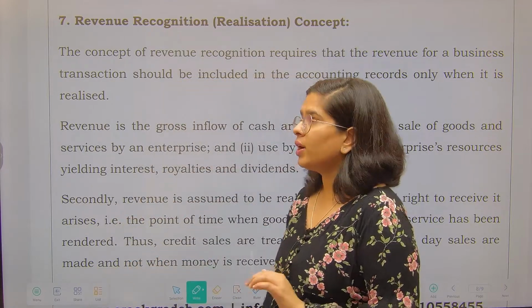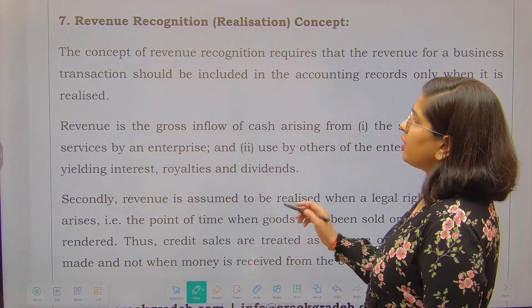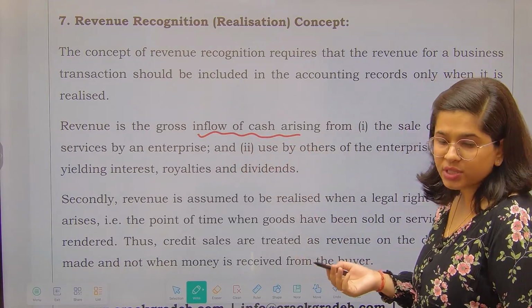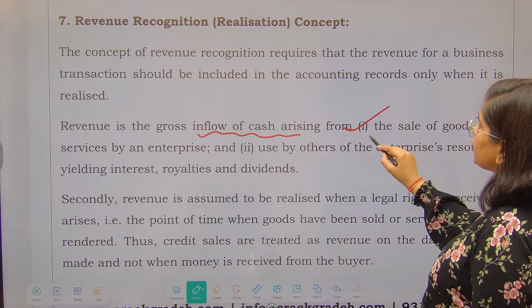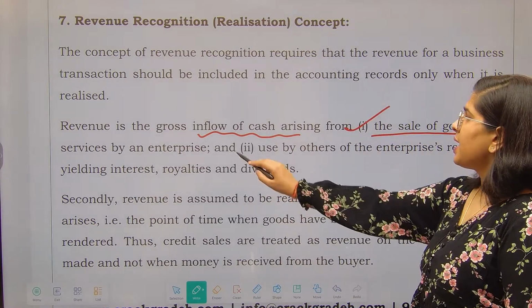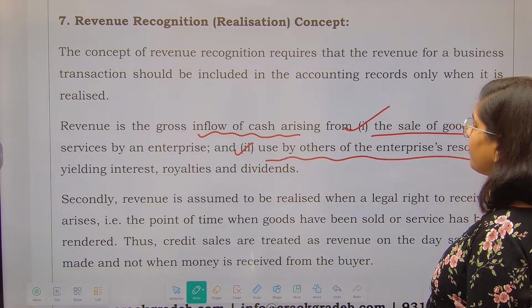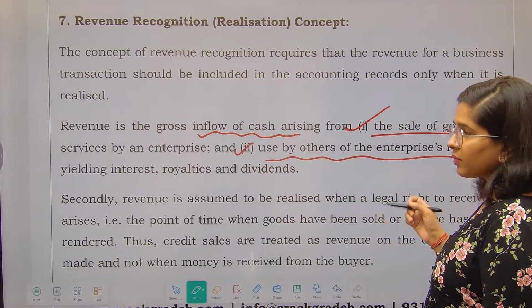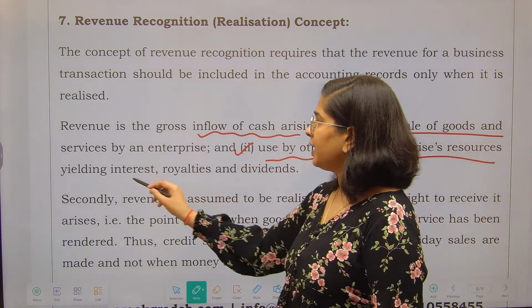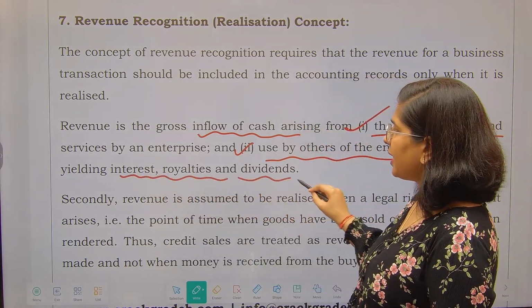Now let's see the meaning of revenue. Revenue is the gross inflow of cash. Why does such cash come to you? Because you have sold some goods or services, or you have given your resources to some other person from which you are getting interest, royalties and dividends.